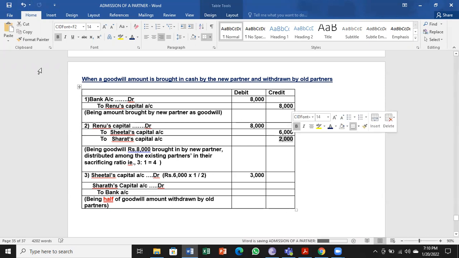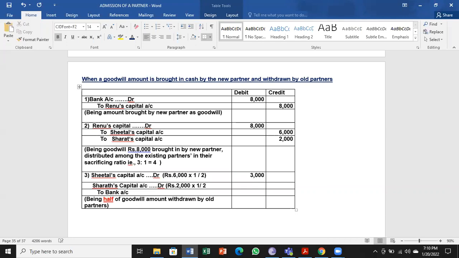Then half of Sharat's goodwill amount, that is 1,000. Very nice. Very good. So out of 8,000, 4,000 gone out of the business. Narration I have given very clearly, being half the goodwill amount withdrawn by old partners. So this is the one to be remembered.